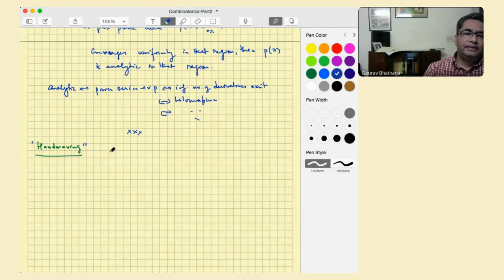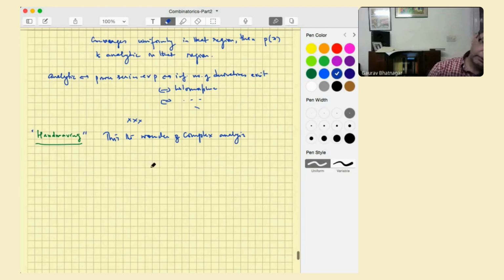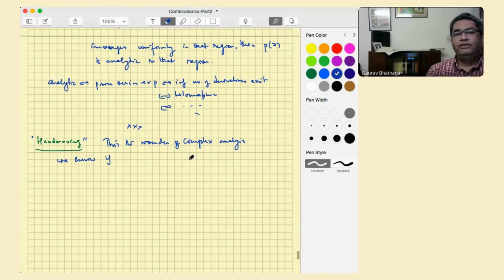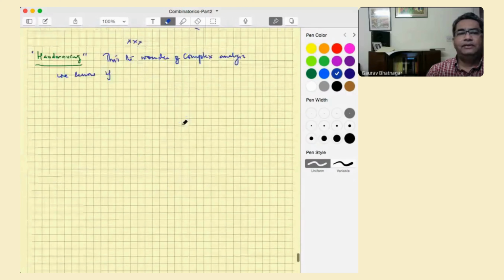So this is the wonder. This is why I like complex analysis. You might see this theorem at some point. So what do we do? I mean, this theorem is very practical actually.